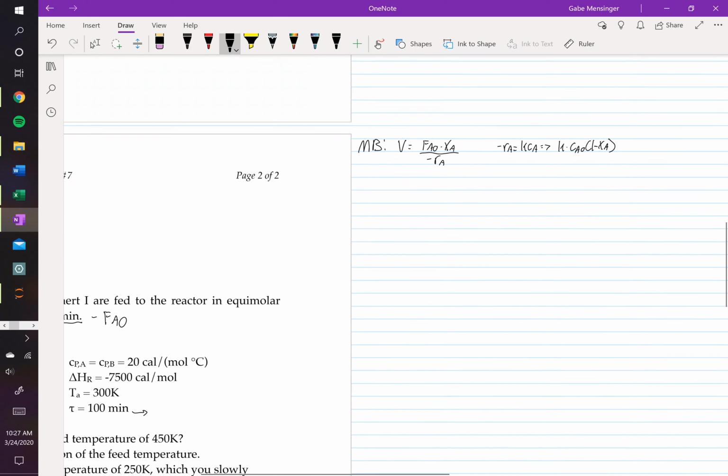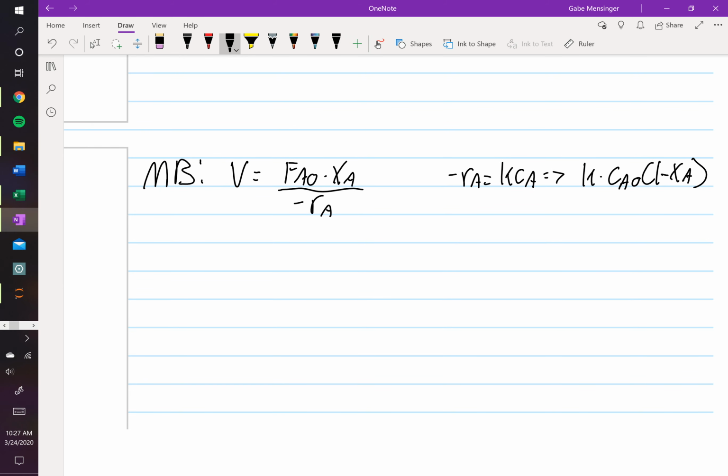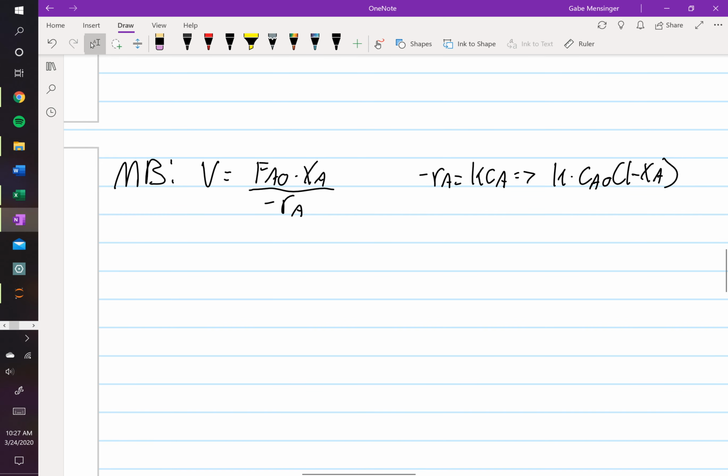Going back over here, we'll want to rewrite CA naught in terms of a variable that we know: CA naught is equal to FA naught over V naught, and we do know FA naught.